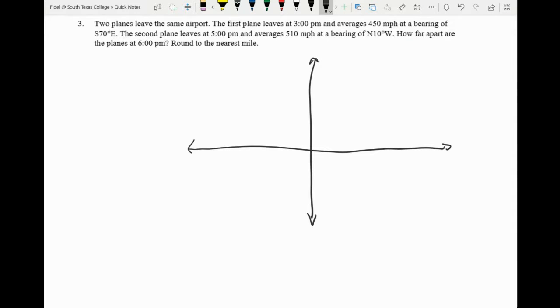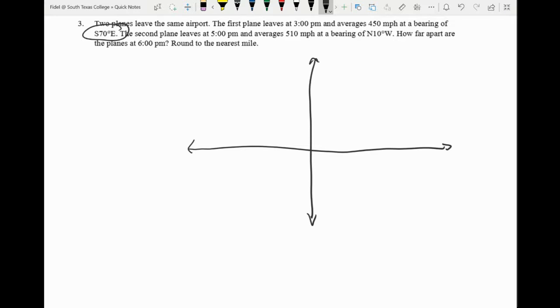Okay, so we're going to go really, really slow here, y'all. The first thing I'm going to do, I'm going to draw my XY axis, because remember when we talked about bearing the other day, we kind of have to have an idea of what's going on. So let's take a look. South 70 degrees east. First question, is the plane going up or is it going down? Going down.